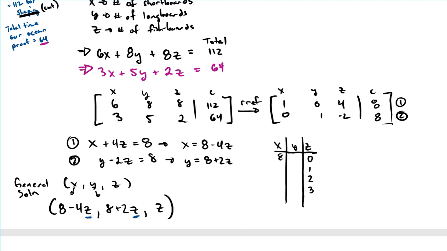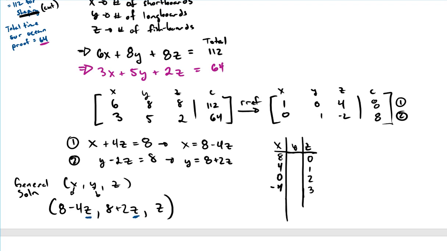When we plug 1 into z for the x, it'd be 8 minus 4, which is 4. When we plug 2 into the z, we'd have 8 minus 8 is 0. And then when we plug 3 into the z, 8 minus 12 would be negative 4. The reason I only stuck with x at the moment was, well, it looks like there's an easy pattern to see if we needed to get more values. But on this, we don't. So we actually are done with that.